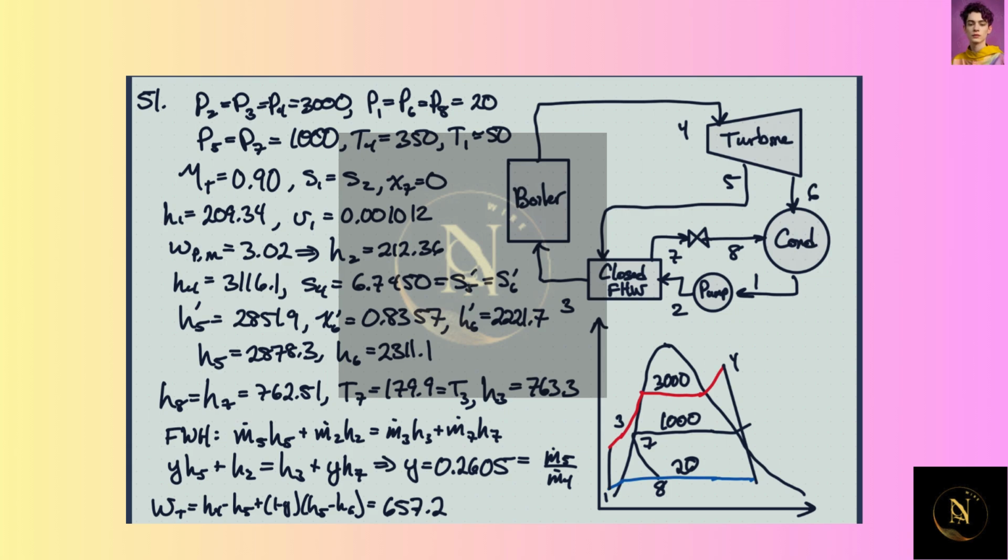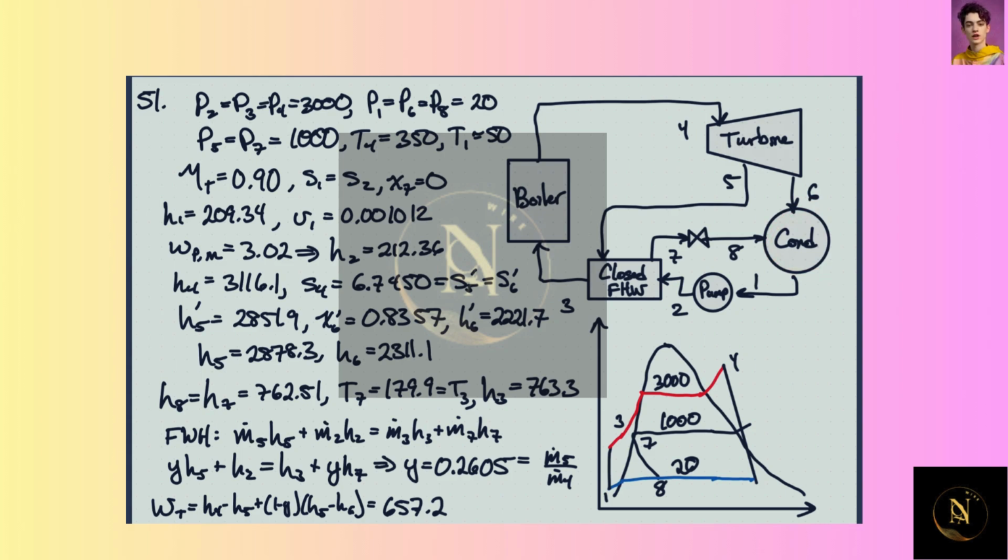So in this problem, we're kind of redoing problem 50, but now we're saying that the stuff coming out of the condenser is subcooled by 10 degrees C. Before, if we looked at saturated liquid water at 20 psi, the temperature there was about 60 degrees Celsius. Now, because we've subcooled it to 50, we're down here at a slightly lower temperature coming out of the condenser.